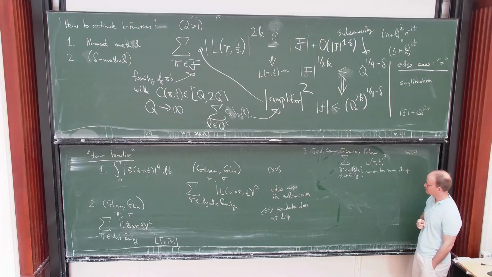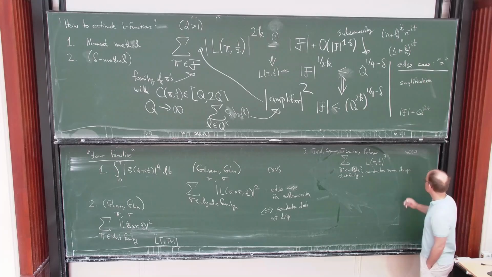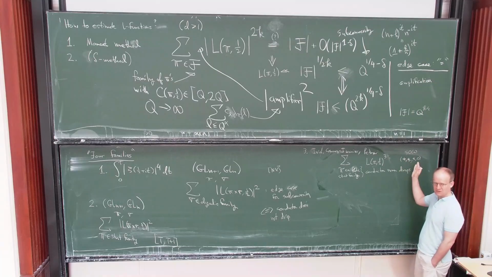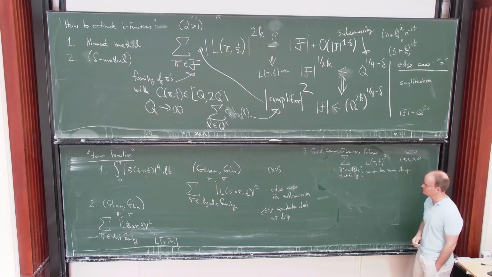What you can check from a back of the envelope is that if you have any collection of parameters where one of them is 0, you will never be able to achieve that by even the wildest hypothetical generalization of Conrey-Iwaniec that I can imagine.